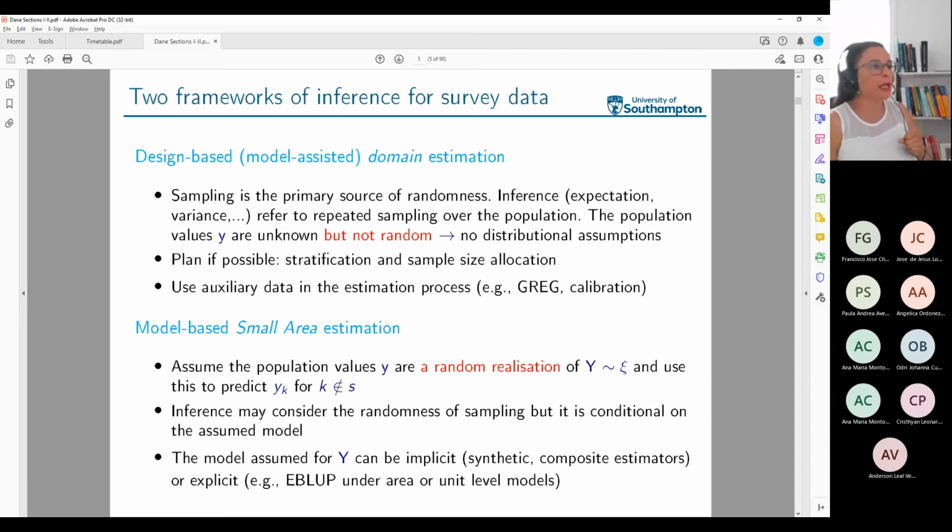Okay? Are you familiar with this type of framework of inference? Have you done calculation of estimates using this type of tools? Or is that something none of you works with? Have you ever used something like a calibration estimator, a generalized regression estimator, Horvitz-Thompson estimator?